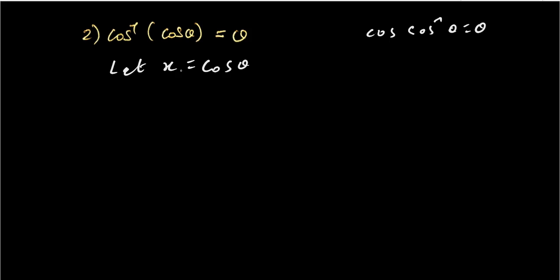That means this cos, if we bring here, cos inverse of x is equal to theta. So in place of x, if we substitute cos theta, cos inverse of cos theta equal to theta.